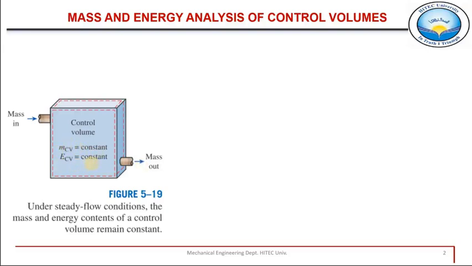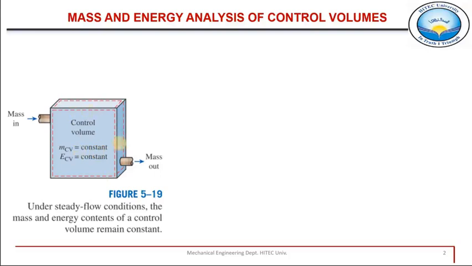Here the example is shown for a steady flow system. We already have some idea regarding steady flow devices, because a number of engineering devices used in practice are steady flow devices.